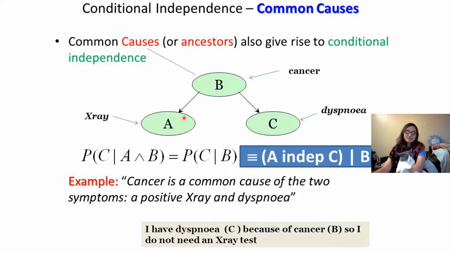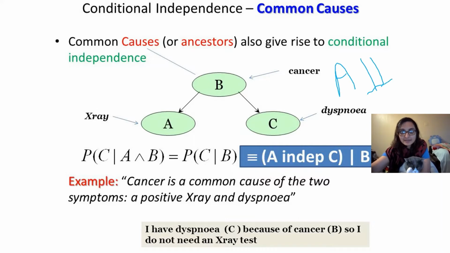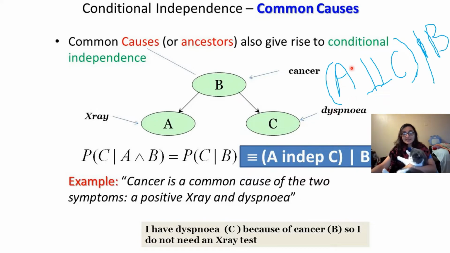Essentially what we can see based on this common cause is that A and C are independent given B. Since A is independent of C given B, the probability of C given A and B is just equal to the probability of C given B.